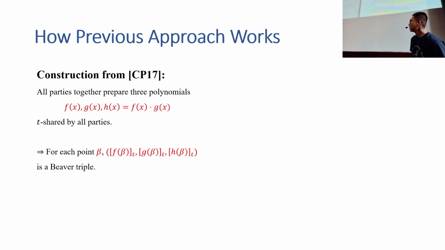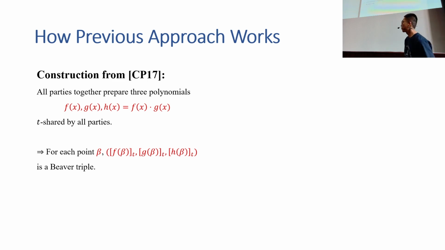So in the previous work, Choudhury and Patra introduced techniques where you actually don't need to reduce degree, and you don't need to face the issue of degree 2T sharing. And because degree T sharing can always be reconstructed, this can ensure that the generation process will always succeed.